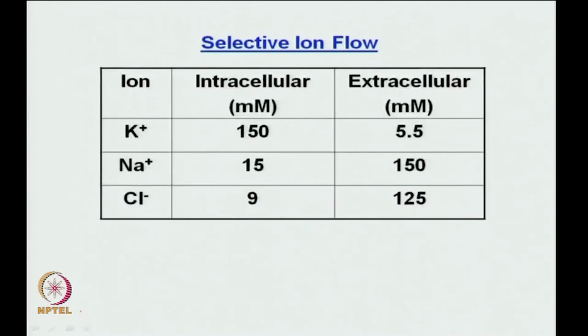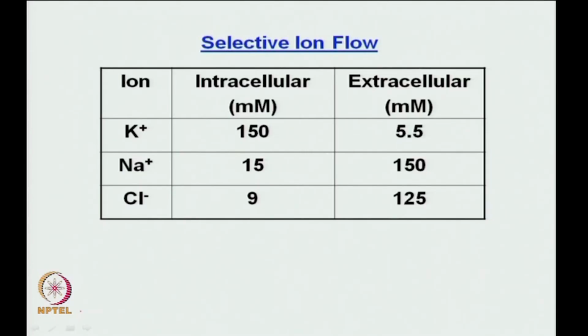If you are talking about selective ion flow, now these are some examples I took, and this is what we were just discussing. You look at the ions. The leftmost column is your ions: potassium, sodium, chloride. The middle column, the second one, is the intracellular and the other one is extracellular. So, you can immediately see what is happening.